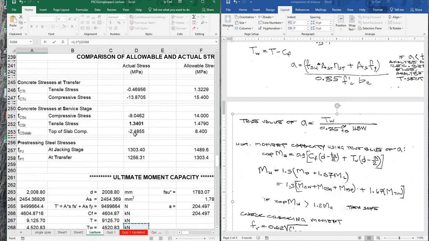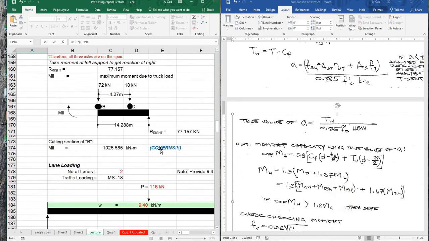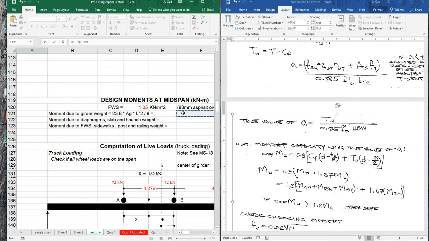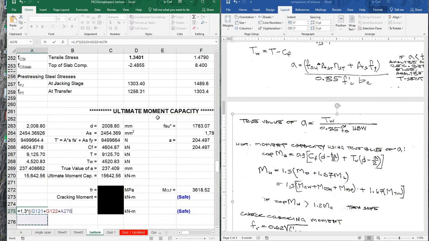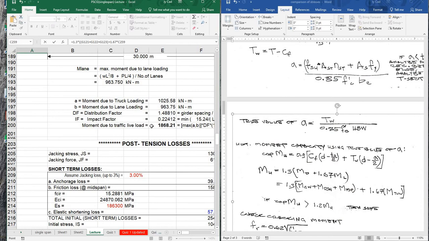So that is moment due to girder weight plus yan, diaphragm, slab and haunch, plus eto G123, and then close parenthesis, plus 1.67 times moment due to traffic live load.